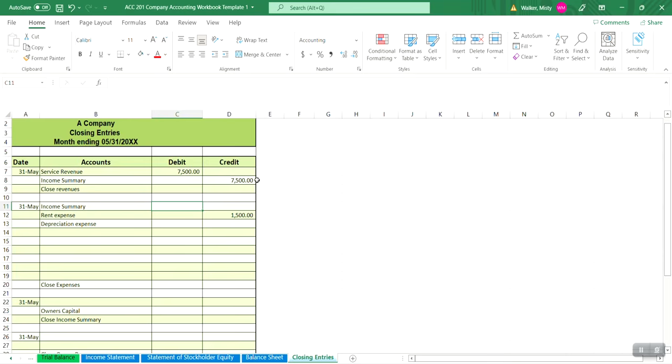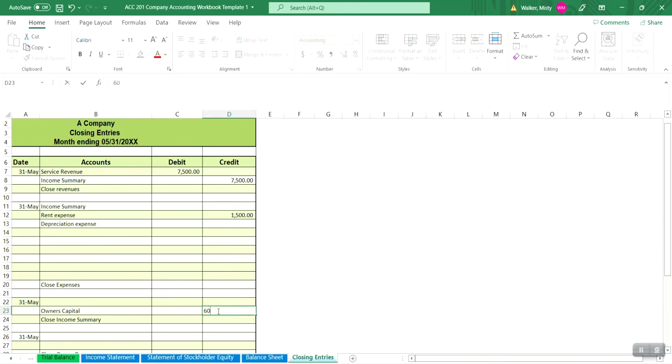So what we have to do now is close those earnings from income summary into capital. We know that capital increases with a credit. Sorry, we know that equity increases with a credit. So that credit balance in income summary is going to have to close with a debit. Then we're going to take that balance, that difference between revenues and expenses.